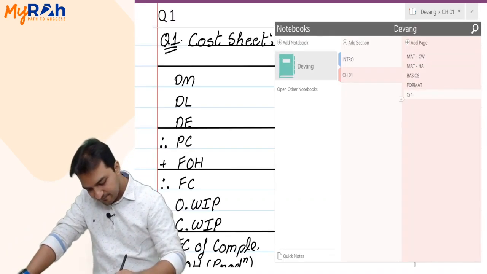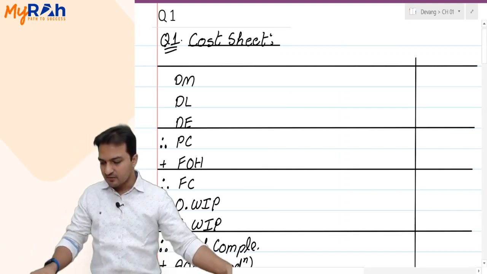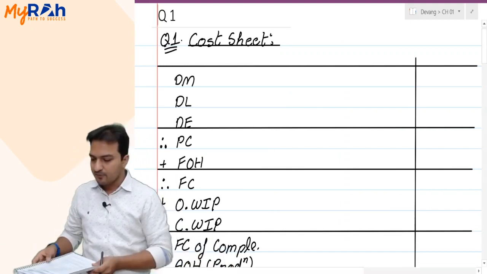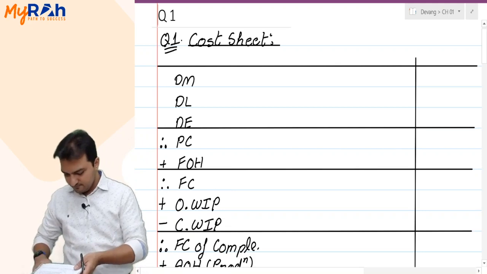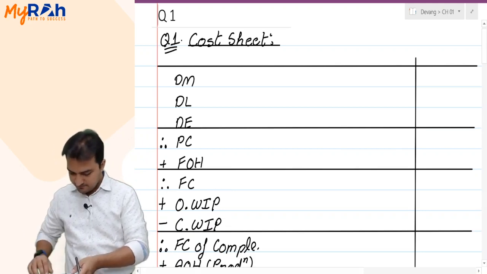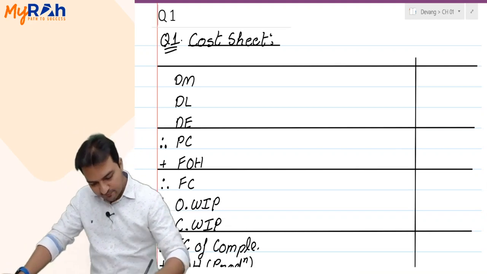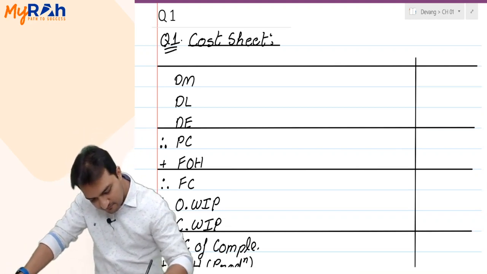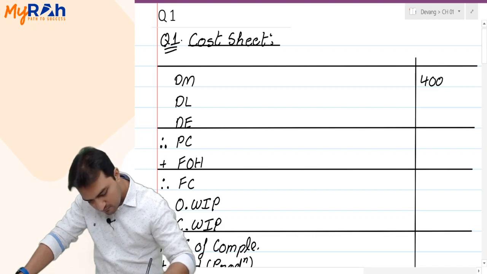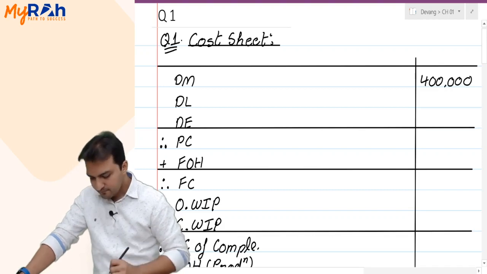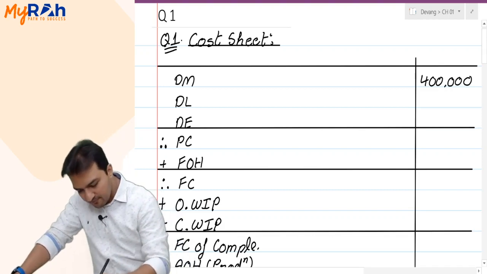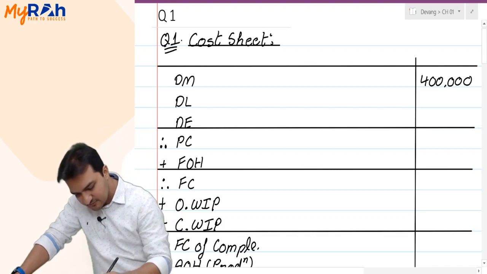Chalo. So direct material, I'll keep my book over here. You also keep your books open with you. Direct material consumed is rupees 4 lakhs. I'll start from there. Direct labor is 40% of the material cost.